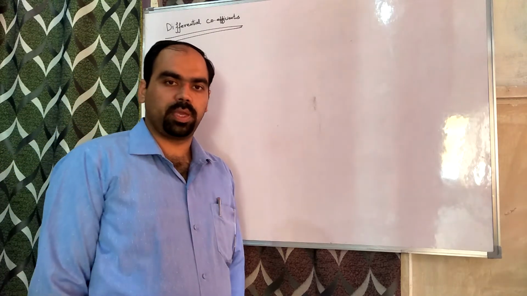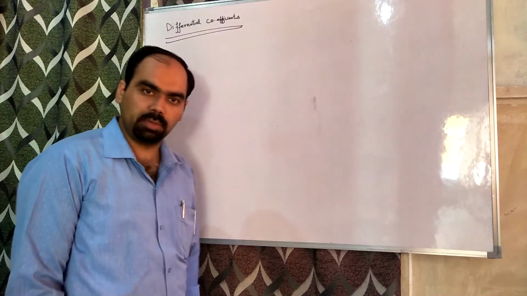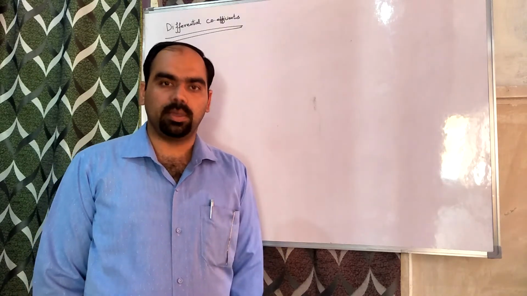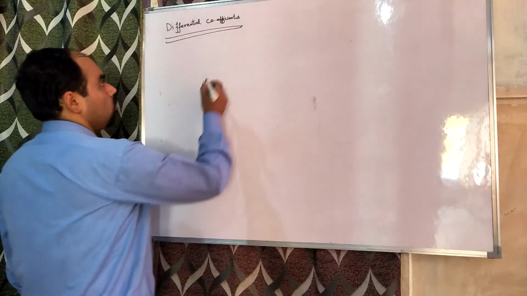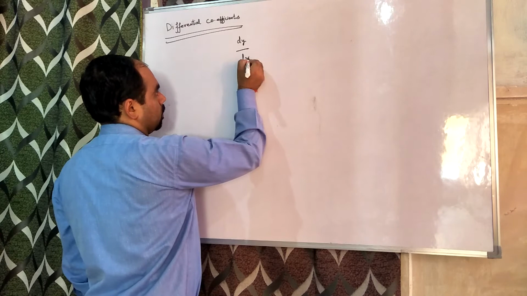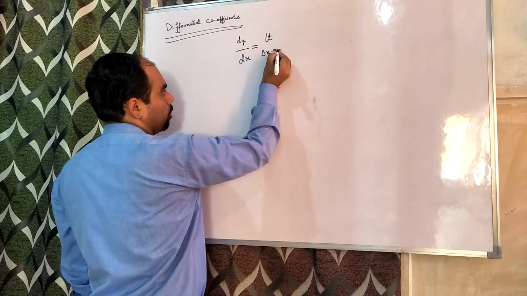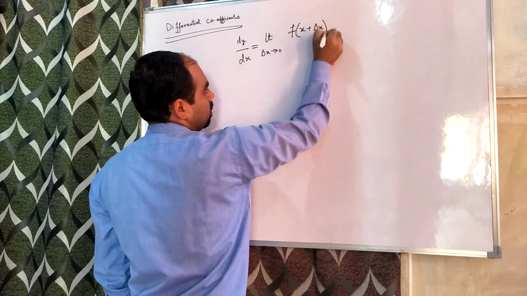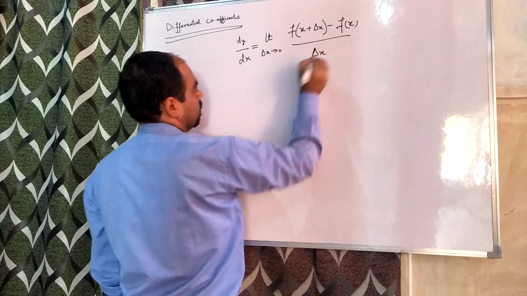हमने अपनी लास्ट क्लास में differential coefficients स्टडी किए थे. We have studied the first principle method, ab initio method, or delta method, in which we got the value of the differential coefficient, that was dy by dx, limit delta x approaches 0, f of x plus delta x minus f of x upon delta x.